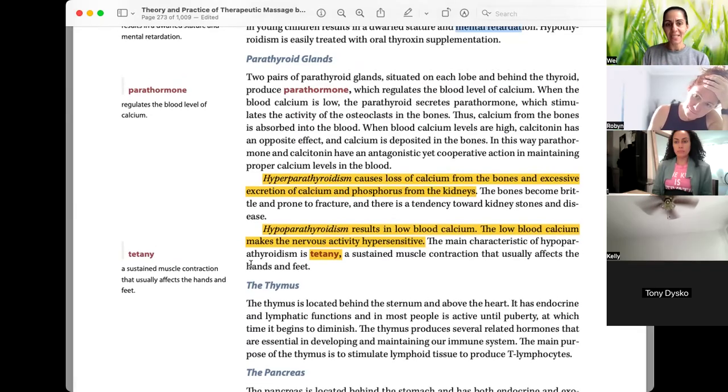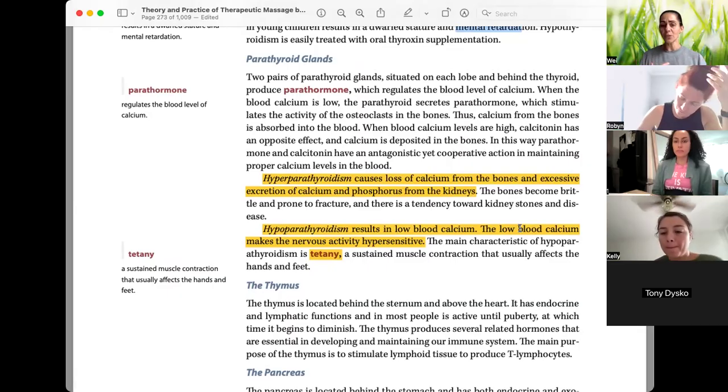So next, hypoparathyroidism results in low calcium. So the low blood calcium makes the nervous activity hypersensitive. We talked about how calcium is needed to create muscle contraction for the body. Calcium is needed as an ion to elicit the impulse.